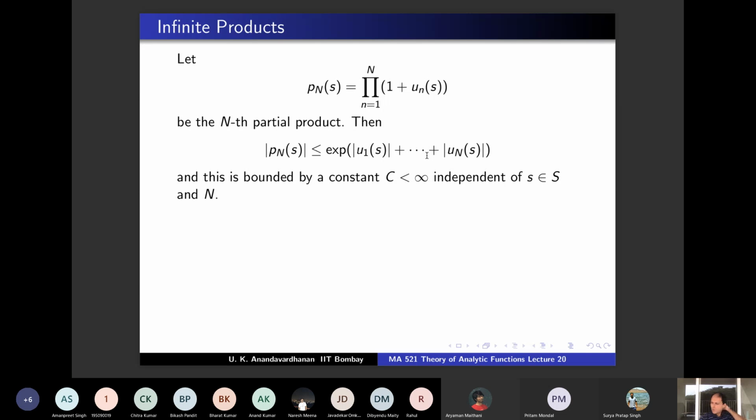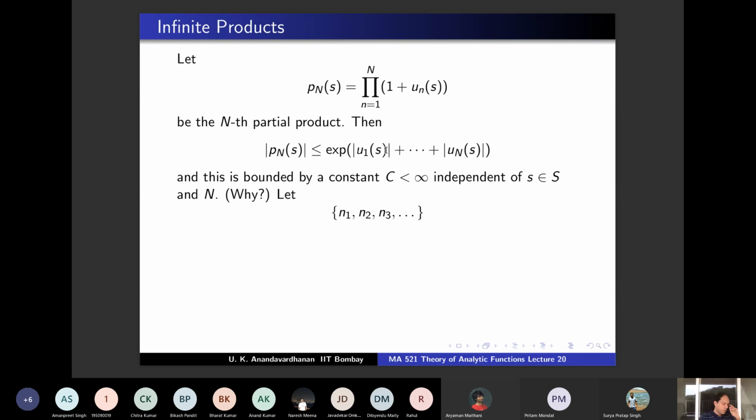So the infinite sum is uniformly convergent. Therefore, independent of n, any of the sums is bounded. And therefore, you are getting a constant independent of the point s because of uniform convergence and uniform boundedness. And independent of this n because it's true for the infinite thing itself. So for any n, this is true. So you are getting this absolute constant. Okay. So this is because of the condition that summation Un(s) is uniformly convergent on S.